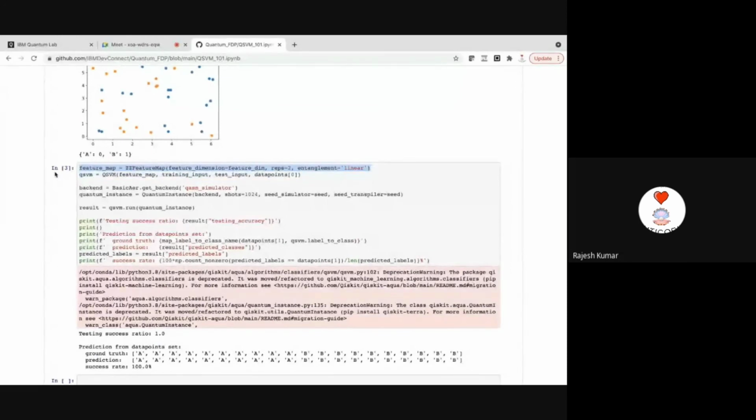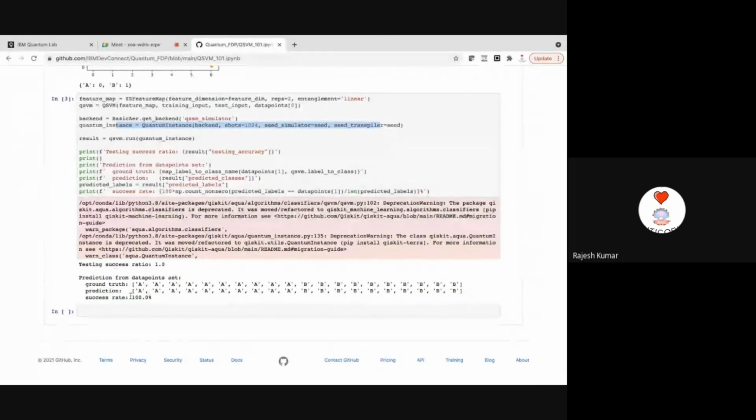Okay, and then we do the core computation, whatever we discussed, right? And then we execute that here, on the simulator I've given. Once it completes, it is able to come out and say that we have validated also. Okay, so 100% is able to predict correctly for the test data that is given.